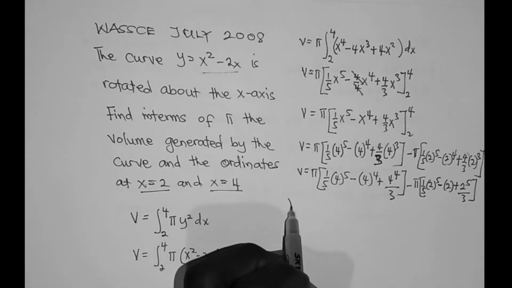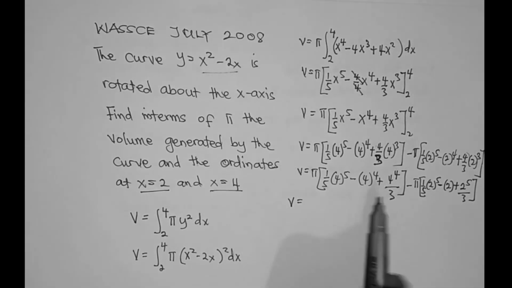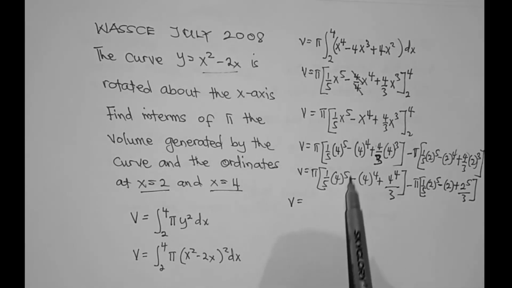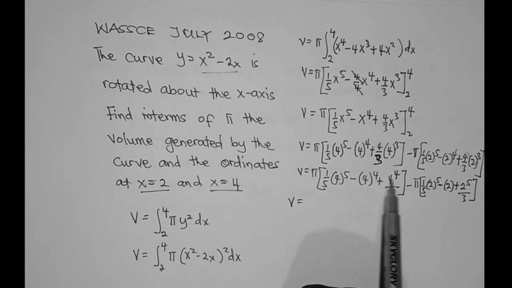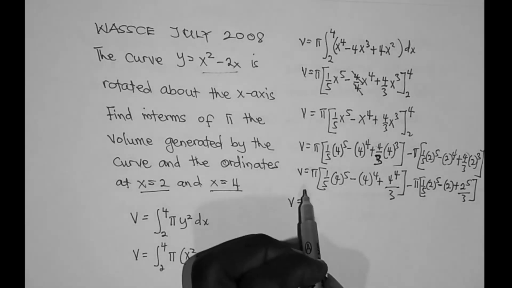So let's see if we can factorize some terms out. So this becomes pi. You see that this is 4 to the power 5, 4 to the power 4, and 4 to the power 4, so we can factorize 4 to the power 4 out of the expression.